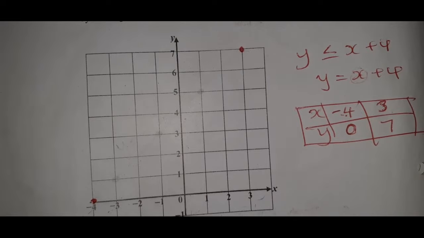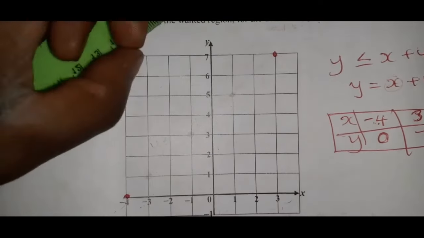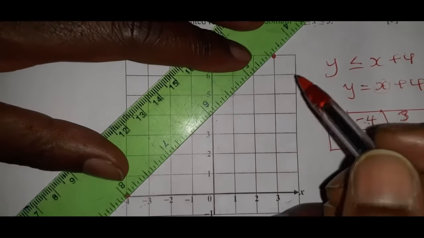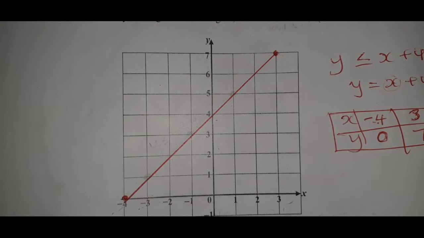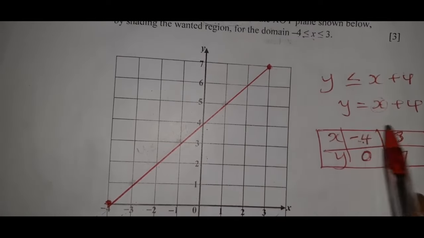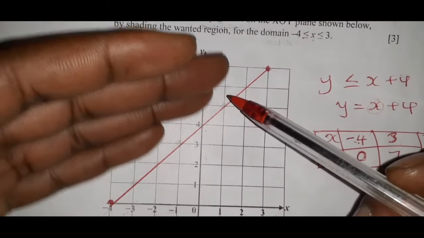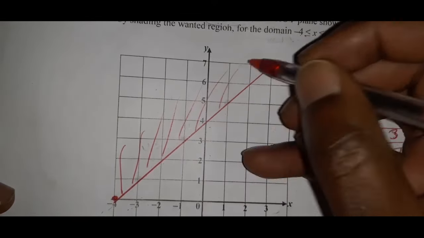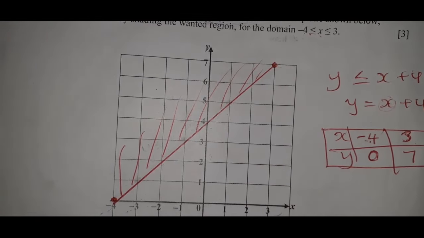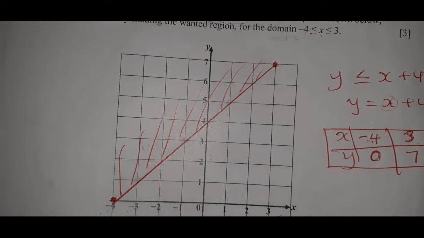Then we have to join these 2 points like this. Okay. Then we shade the greater part, which is the upper part here. So you shade like that. Okay. We go to the next one.